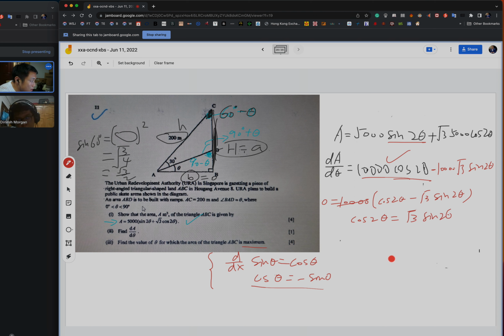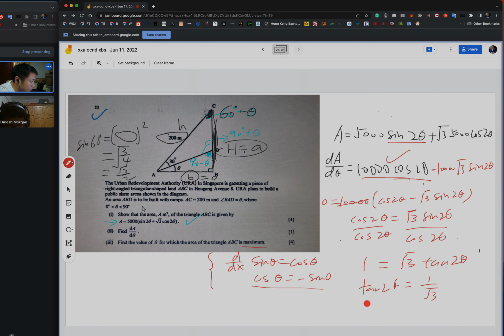Then divide by sine 2 theta. Or maybe cosine theta is better. Does it make sense?